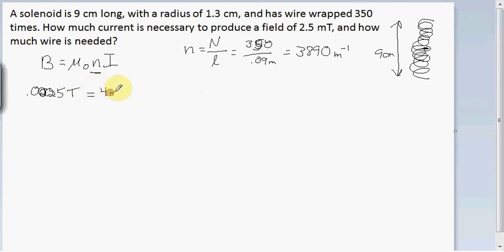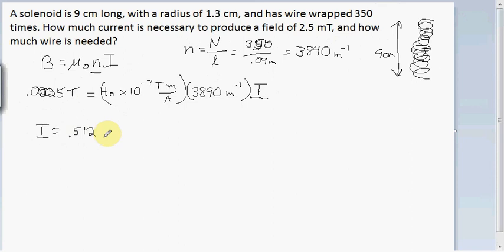Mu 0 is 4 pi times 10 to the minus 7th Tesla meters per ampere. n is 3,890 inverse meters times I. And when we solve this for I, we end up with 0.512 amperes. So that's how much current is necessary.